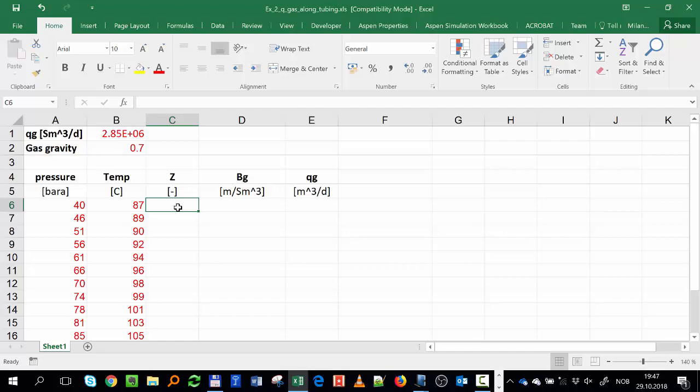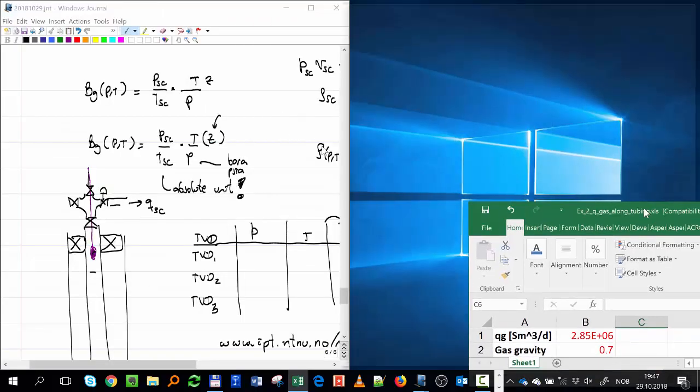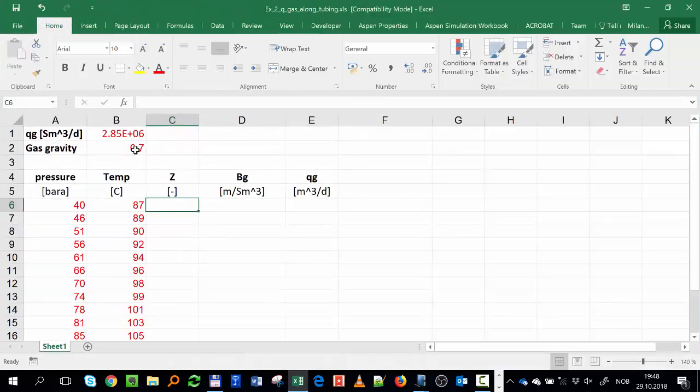So this chart, in principle, you should have to come here. So what is the first step? The first step with this gas gravity, you have to compute these critical properties, right? PC and TC. Then with PC and TC, you calculate PR and TR for this line only.